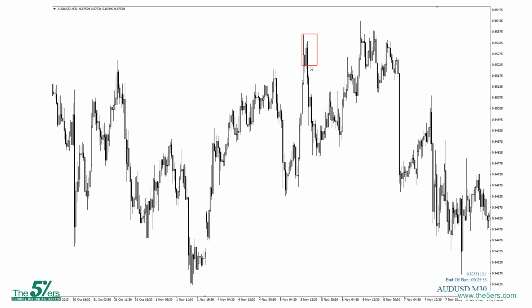Here's another situation. We have a supply zone printed, and we have a decision to break lower, and price came to visit the first time and gave a nice reaction. After it gave only one reaction, we assume that there are no orders in here, and the next time price visits, it just penetrates the zone. So that's consumption.